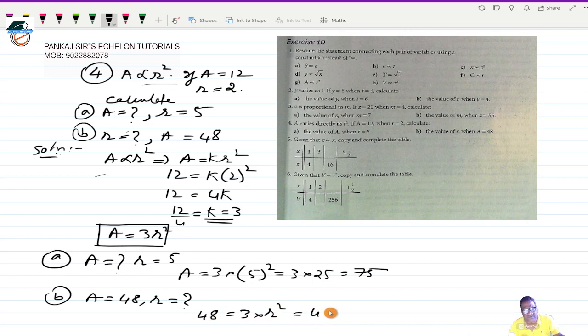This will give me 48 upon 3 equal to R square. 48 upon 3 is nothing but 16. So R square is equal to 16, which implies that R is equal to 4. Actually, it will be plus or minus 4, but then radius cannot be negative, so R is equal to 4. Okay, so fine. So that's the answer for this question number 4, A and B both.